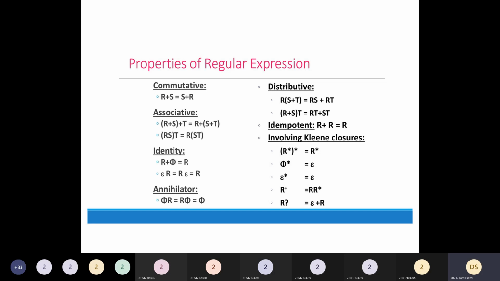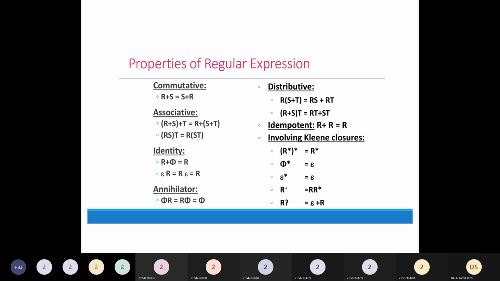The second associative law is RS dot T equal to R dot ST. Okay, this is the associative law. The third one is identity, that is R plus phi equal to R, and phi plus R equal to R. So this is identity. Likewise, epsilon dot R equal to R dot epsilon equal to R.